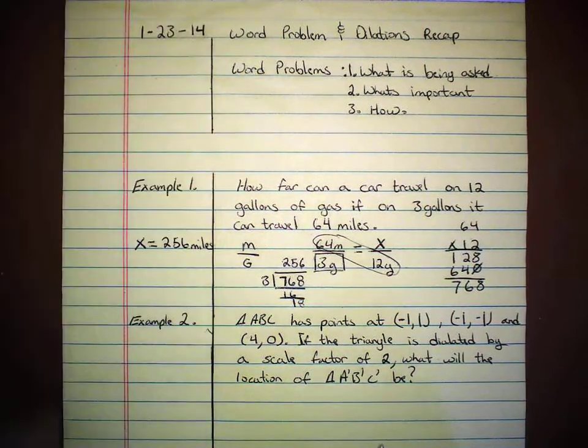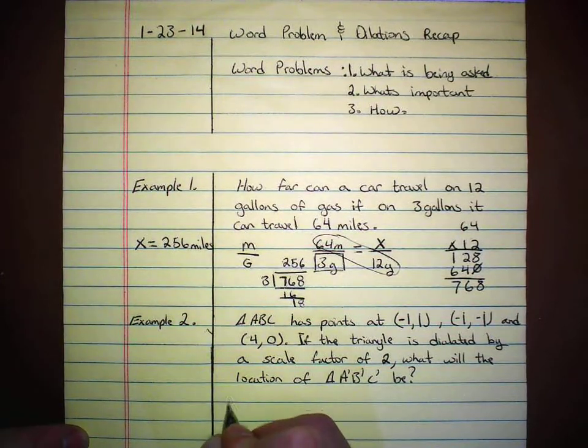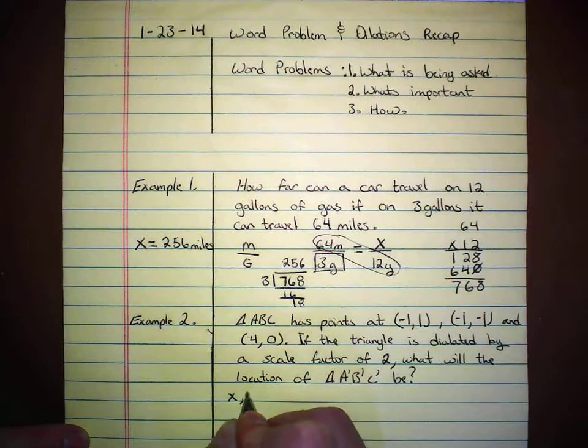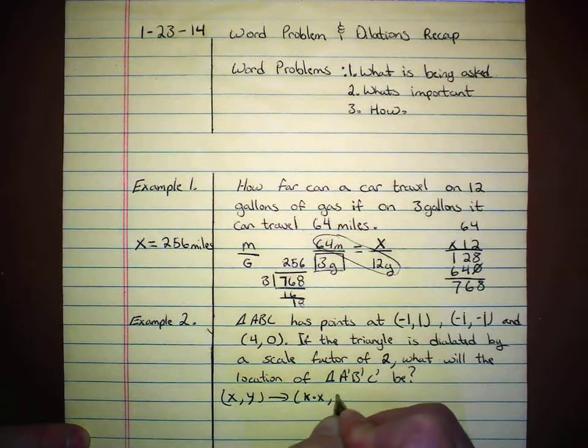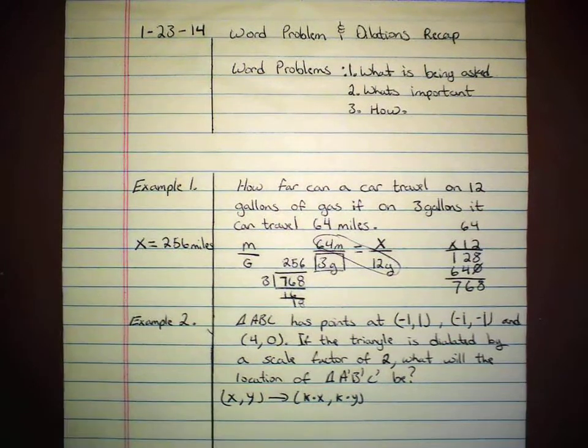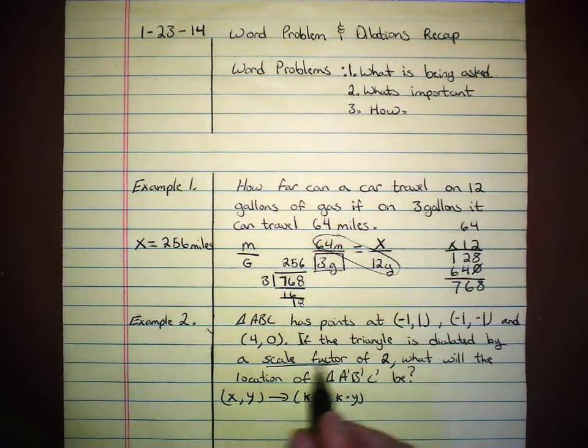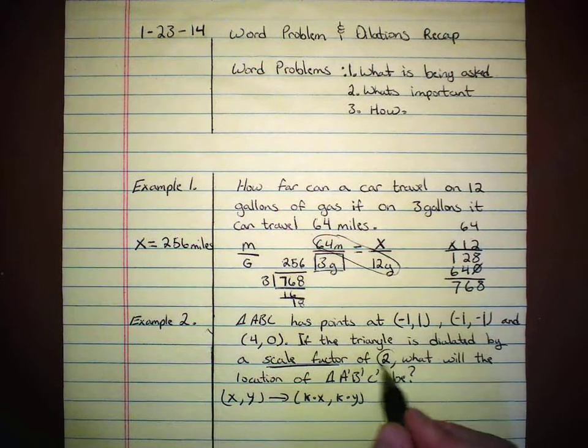Remember our scale factor formula says that we start with X, comma, Y, and we're going to change this to K times X, comma, K times Y, where K is my scale factor, and that scale factor is 2.